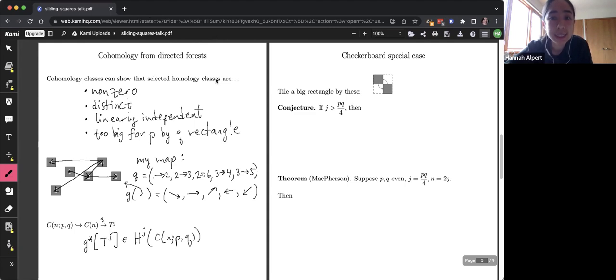The question: is it allowed to have repeated labels? The labels are distinct. Right, the squares are labeled 1 through n. You could ask all the same questions about homology and cohomology if the squares are unlabeled. And I guess you could also ask them if some of them are interchangeable and some of them are not interchangeable.